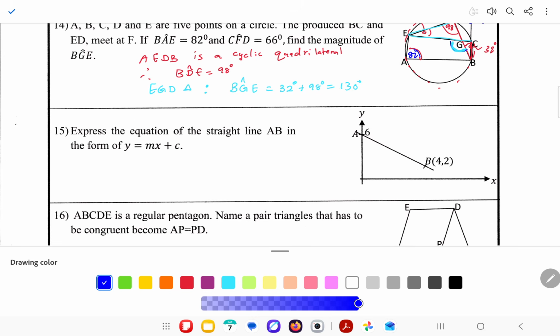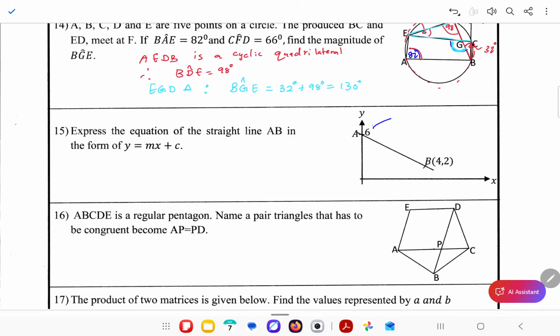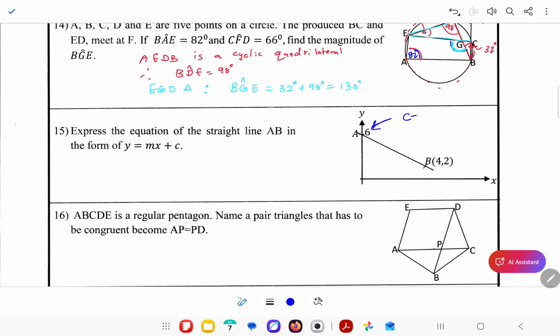Next we have number 15. Express the equation of the straight line AB in the form of y equals mx plus c. So c is clear now, that is 6. The y-intercept is 6. So then the equation has this form, y equals mx plus 6. To find the m value, the gradient, substitute the other point.